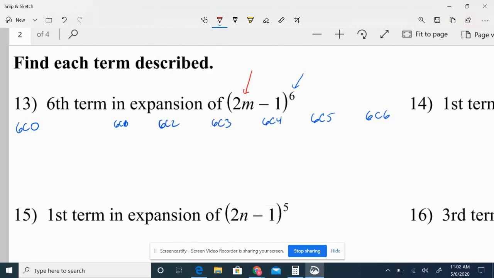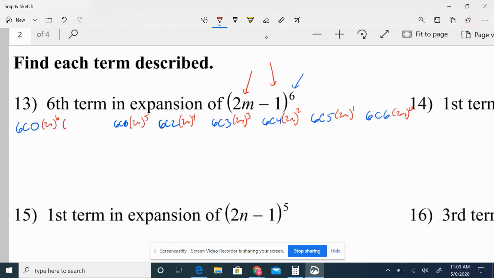Then my 2m, my first term, I'm going to do 2m to the 6th, 2m to the 5th, 2m to the 4th, 2m to the 3rd, 2m to the 2nd, 2m to the 1, and 2m to the 0. My negative 1, I'm also going to do my exponents, but instead of starting at 6 down to 0, I'm going to start from 0 all the way to 6.